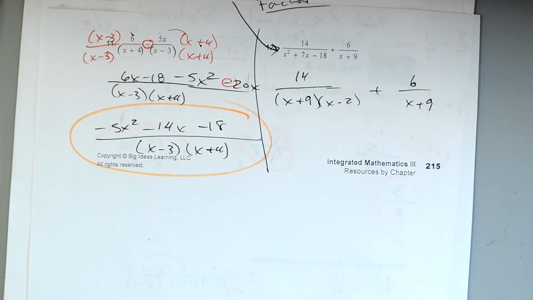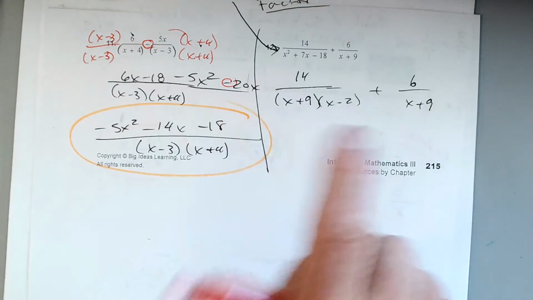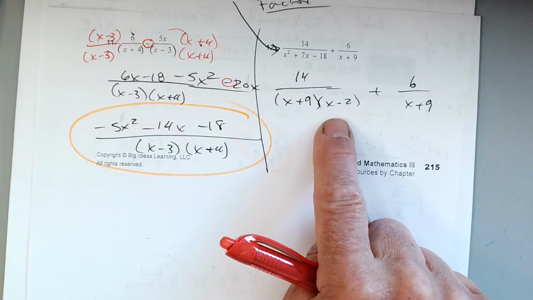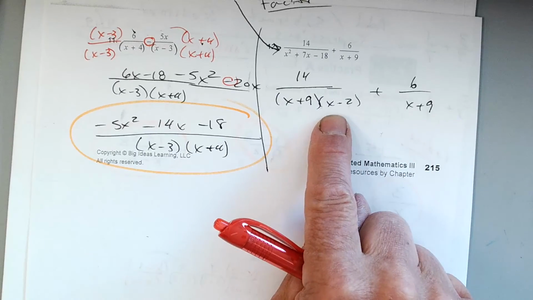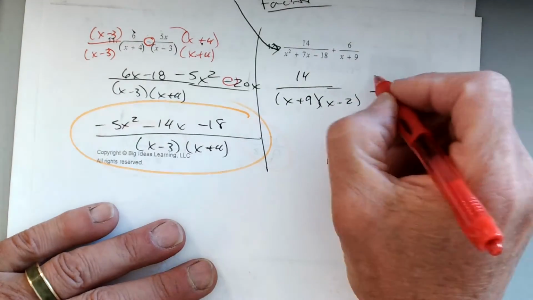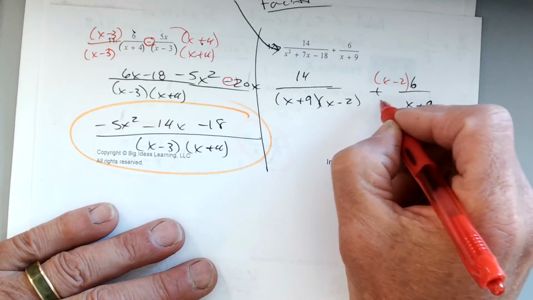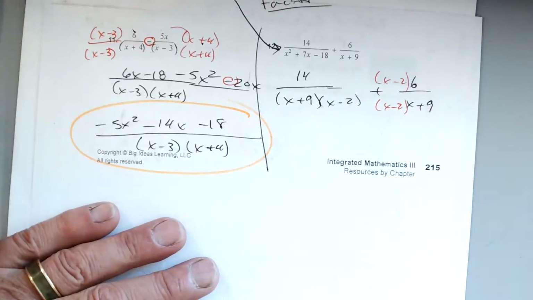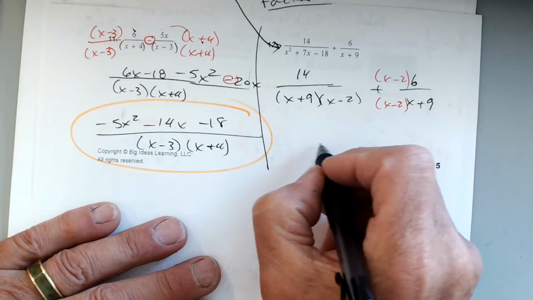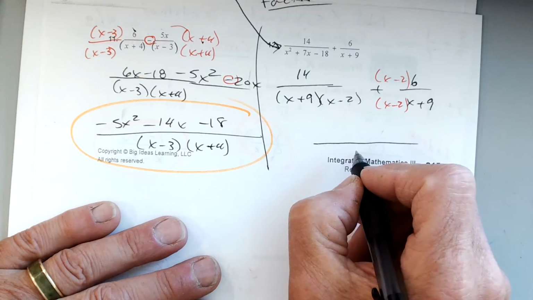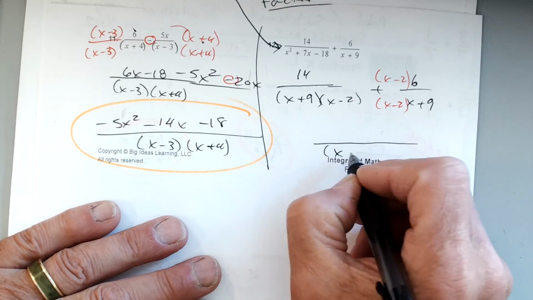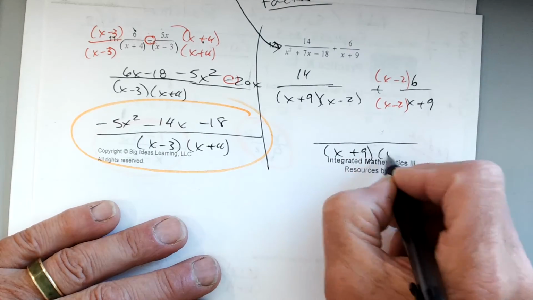Now, that's not so bad. This second fraction needs an x minus 2, right? Second fraction needs an x minus 2. So let's give it an x minus 2. So then, what do I have? Well, my common denominator is x plus 9 times x minus 2.